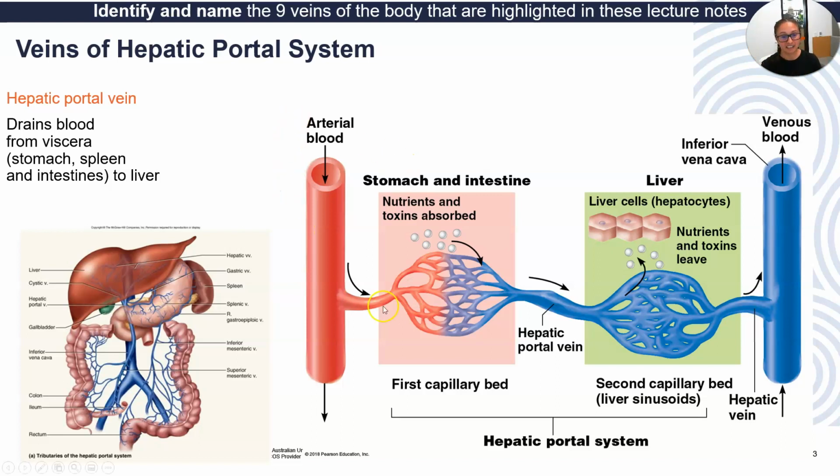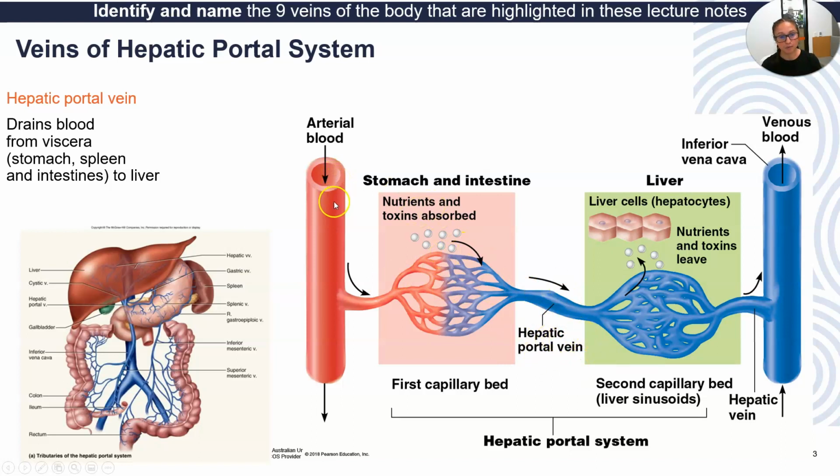So blood goes into the stomach and your intestine, it picks things up, and then it goes to your liver. And your liver runs its eye on it. And if you've got any toxins in there, it'll neutralize them, and then it'll go into your vein. Okay? So it's like a safety mechanism to make sure that what you eat is not going to kill you. So this vein here is going to be the hepatic portal vein.